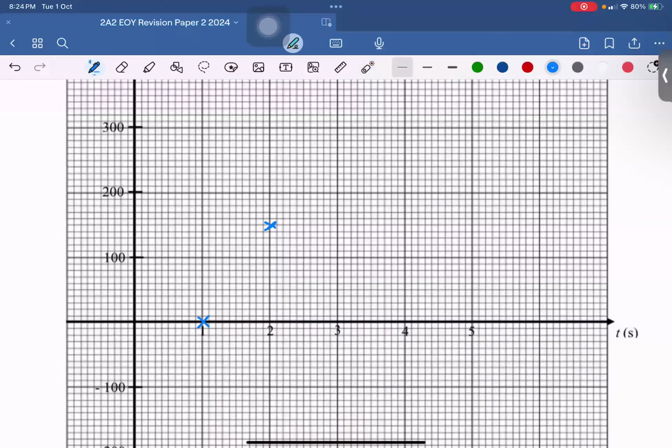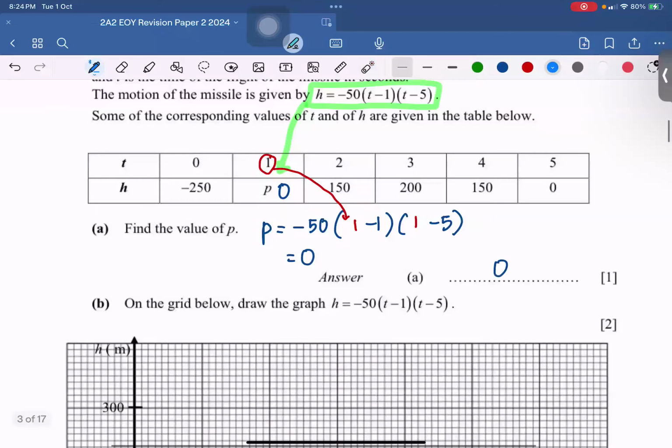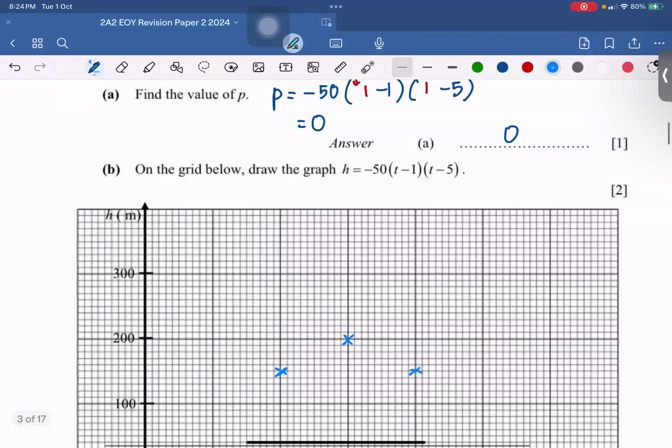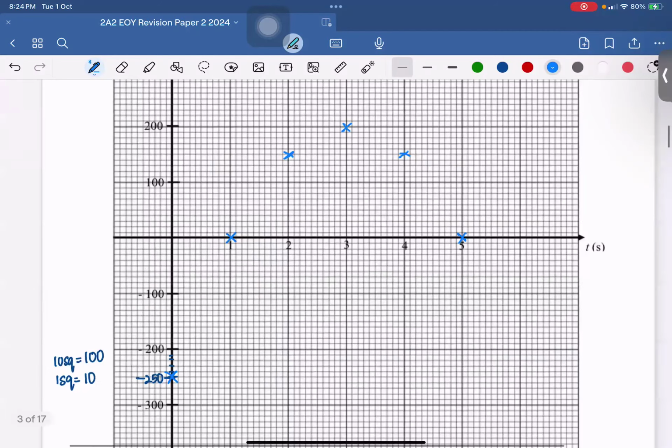Then 3 is at 200. 4 is at 150. 5 is at 0. So on and so forth. Then we draw our graph.